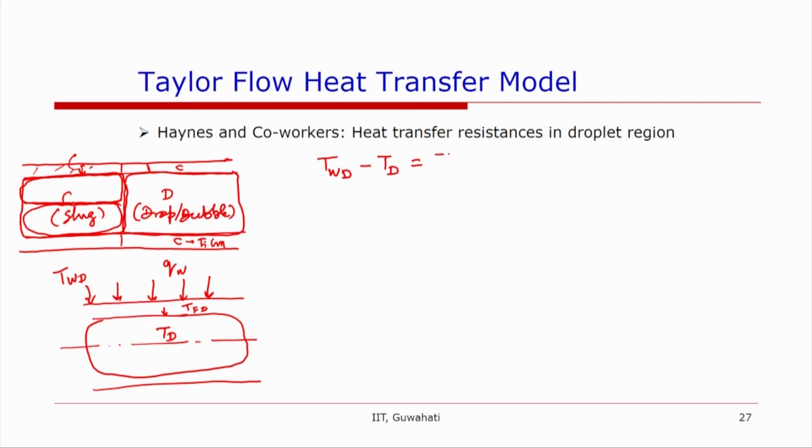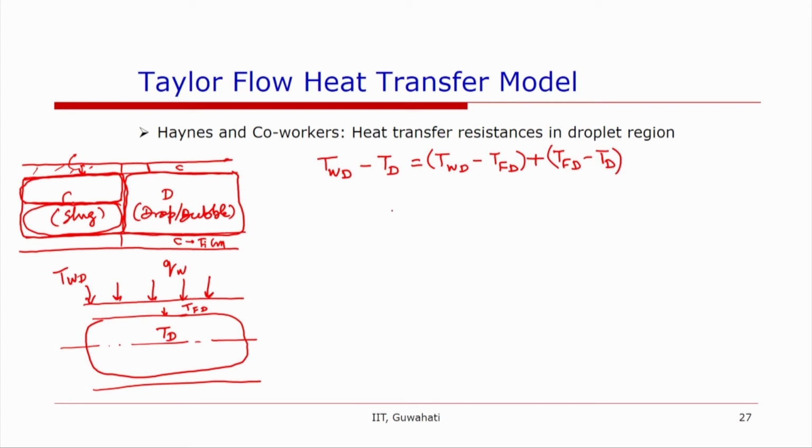So, we can write this as TWD minus TFD plus TFD minus TD. We have just subtracted and added the film temperature.